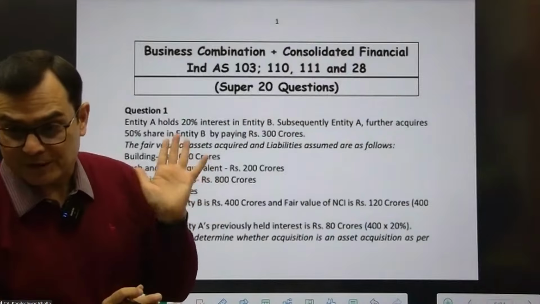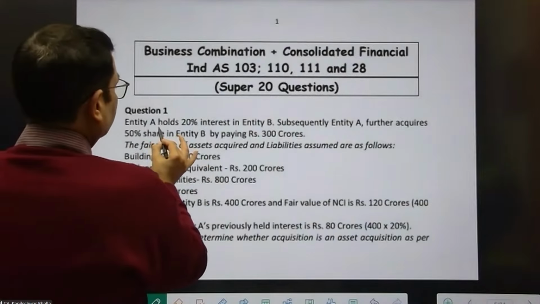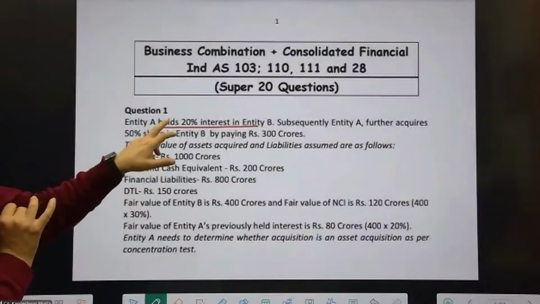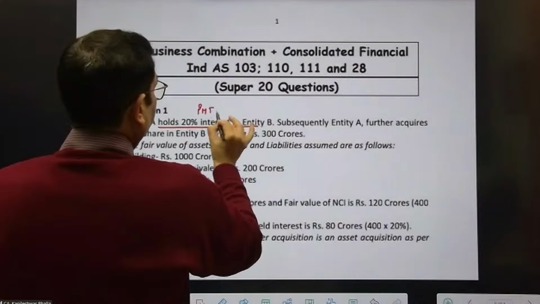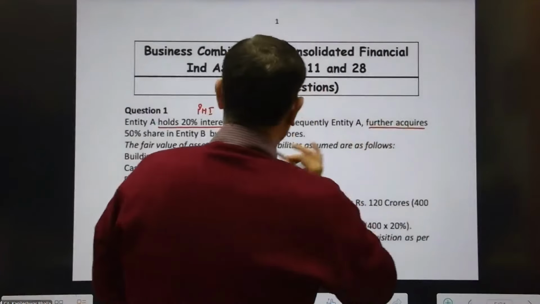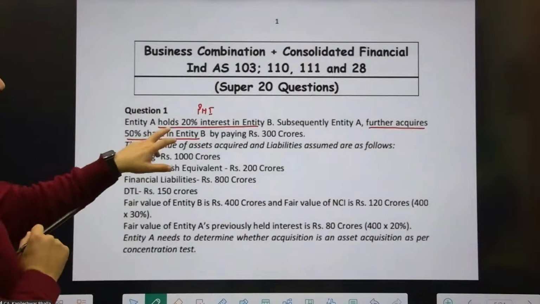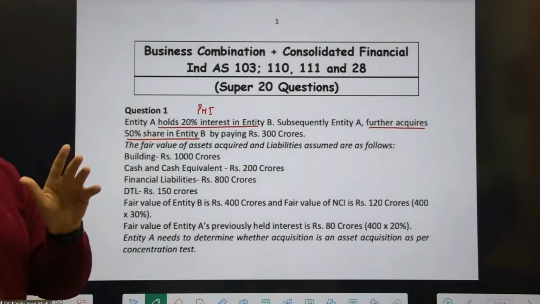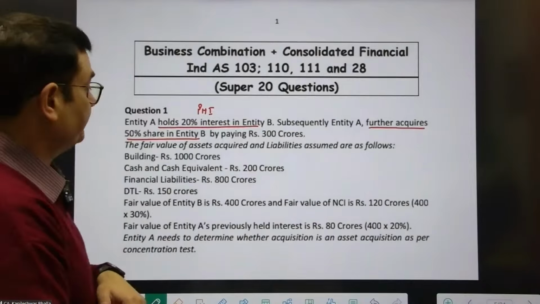I hope it is visible. It says entity A has got 20% interest in B. So can I say this becomes a PHI? Because you've already got a 20% stake, that is a previously held interest. Subsequently, A further acquires a 50% share in B. So 20% was already there, then another 50% acquired, makes it a total of 70%, which means 30% is NCI.